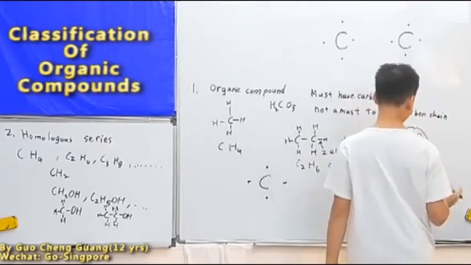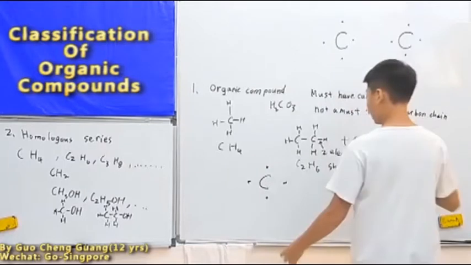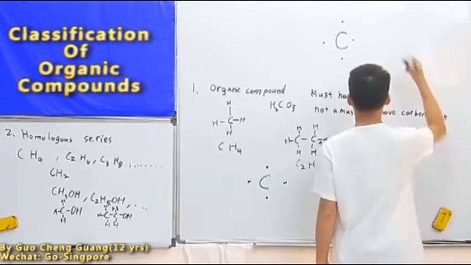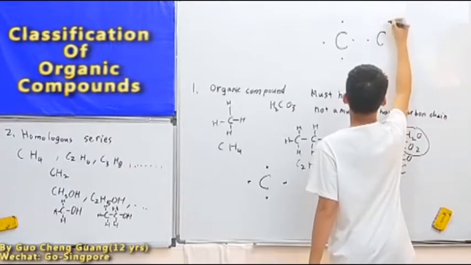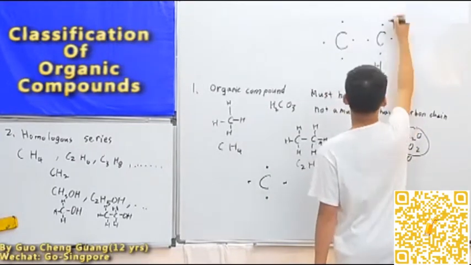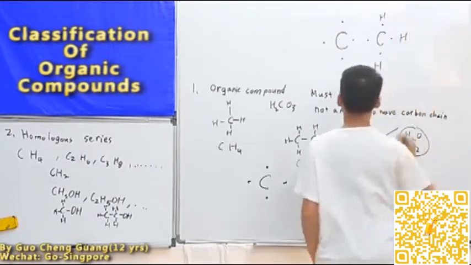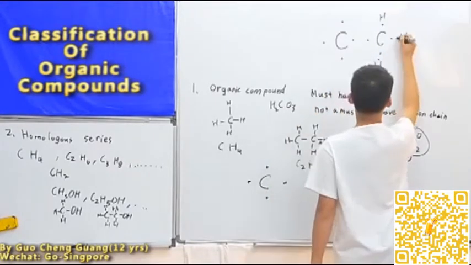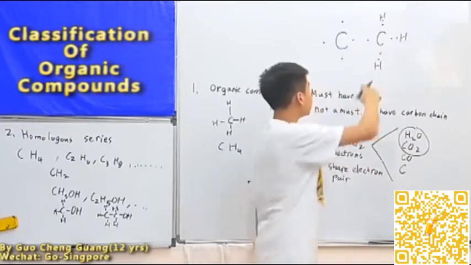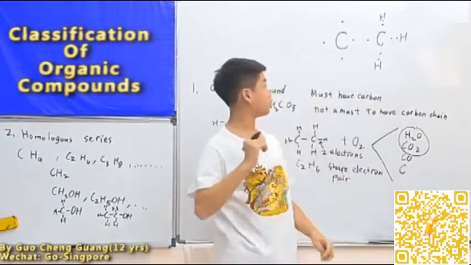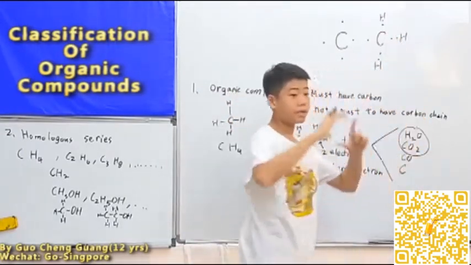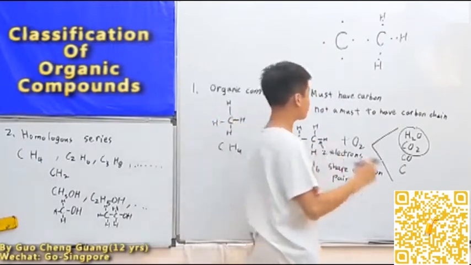From this part, carbon, let me draw these closer. At this part, we get hydrogens. Hydrogen only has 1, but when they are linked together, every single atom must obtain the octet state. The octet for this carbon is 8 in the outermost layer.